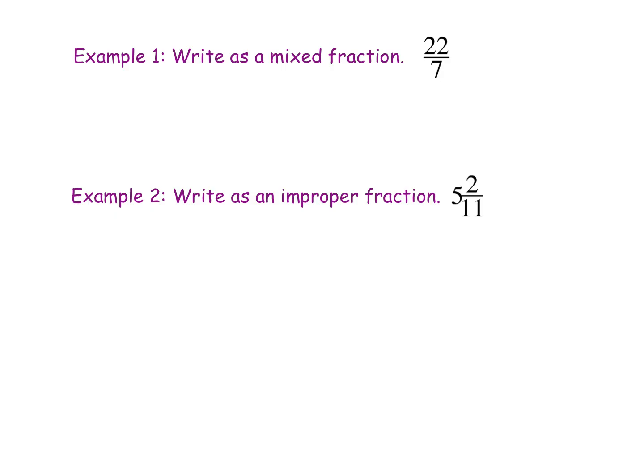If we're given an improper fraction and asked to write it as a mixed fraction, again, there's procedures for doing this, but you're going to use your calculator to do as much as possible for you. So we have 22 over 7, and if we put that 22 over 7 into our calculator and press equals, the calculator's answer is going to look like this.